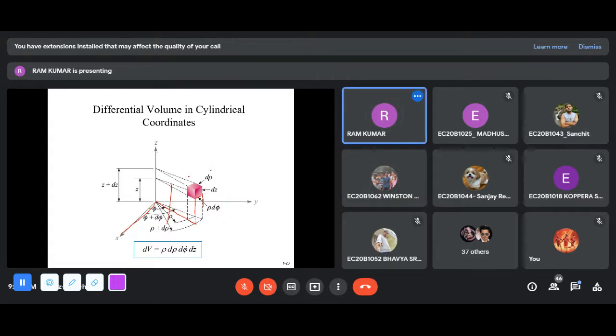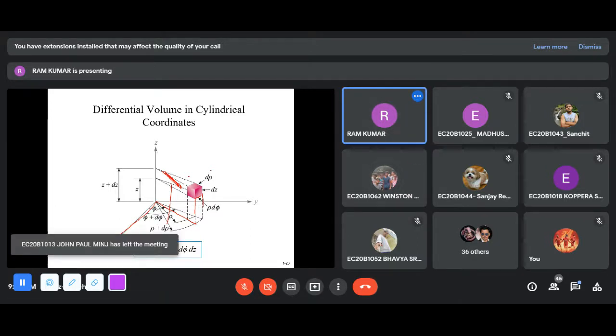Same thing here. Just imagine a three-dimensional view in free space. The component may be along the radius of the cylinder, rho. Similarly, the component may be along the angle phi.